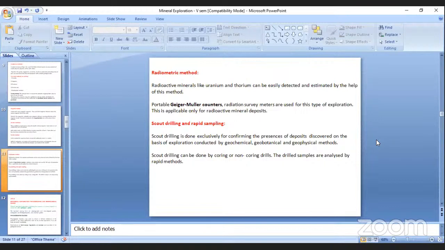Finally, we have to explore or identify some mineralogical properties in a rock. For this purpose, we have to follow the geophysical methods and the geochemical methods. Geochemical means soil sampling, water sampling, stream sediment sampling, geobotanical sampling, and rock sampling.